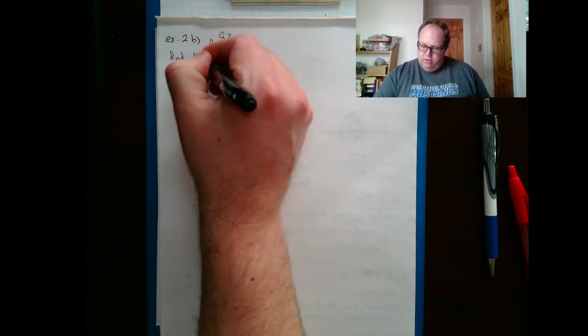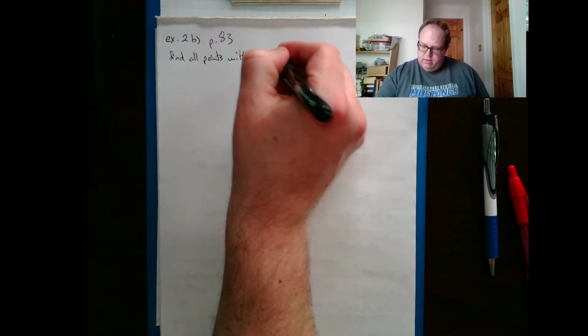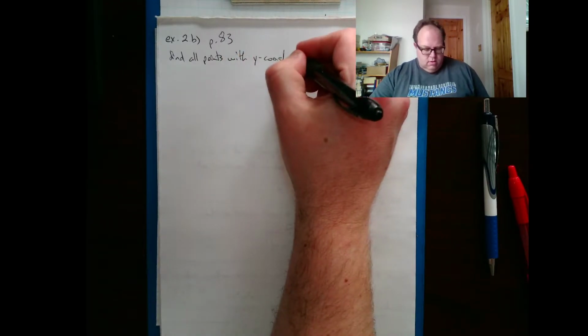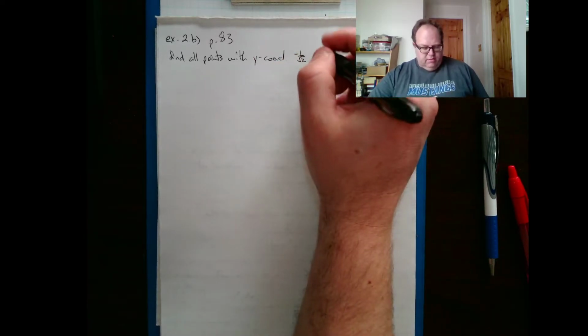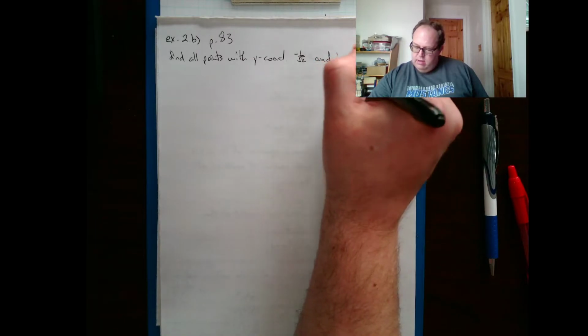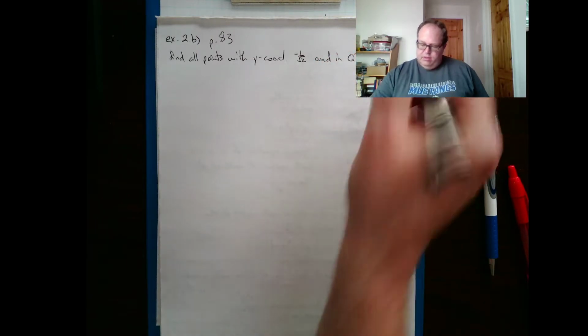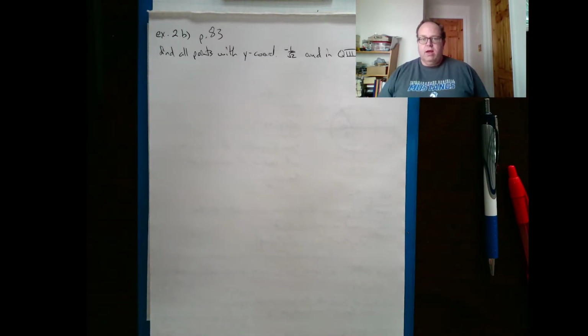Find all points with y coordinate -1/√2. I'm not really happy with leaving it as a radical on the bottom. And in quadrant 3. Now this restriction to put it in quadrant 3 is actually going to cut us down to just 1 point instead of 2.